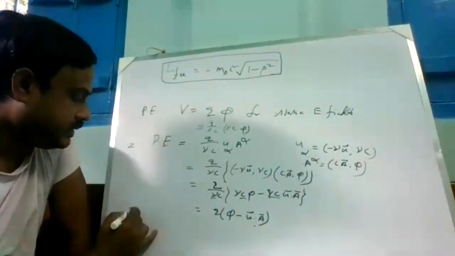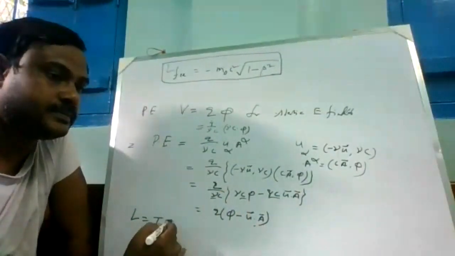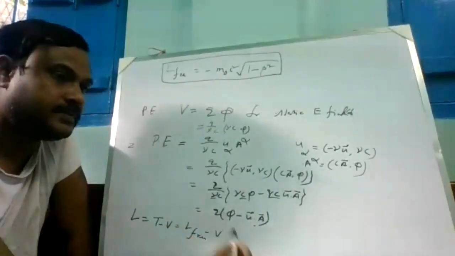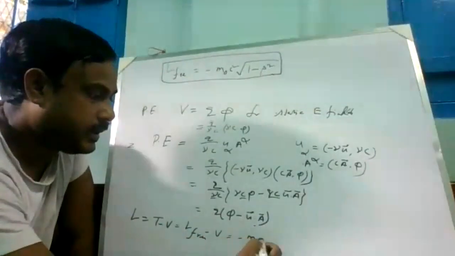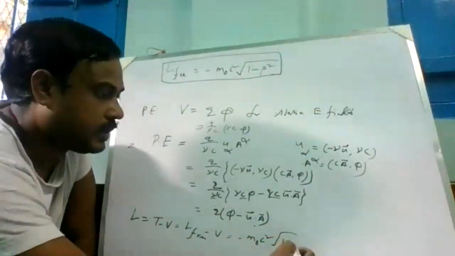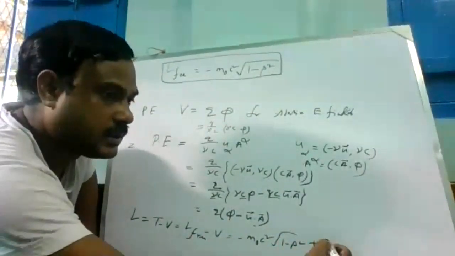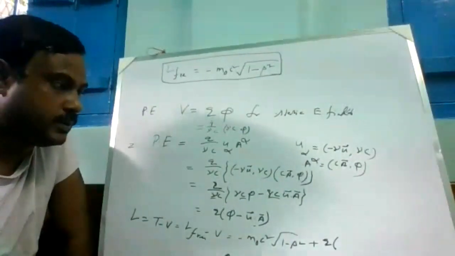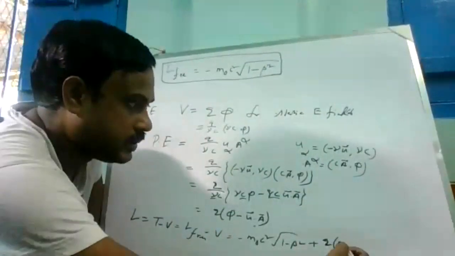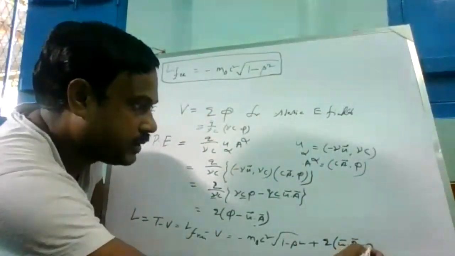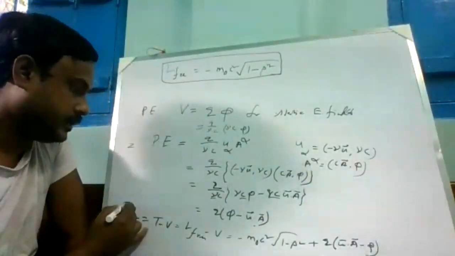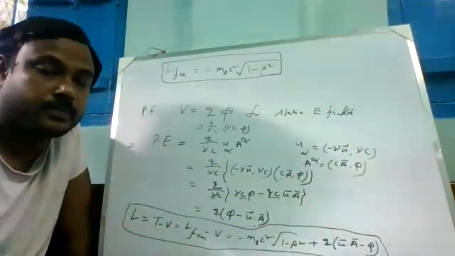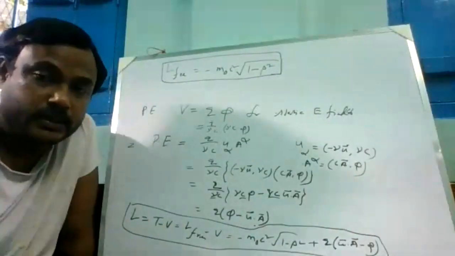So now the Lagrangian L equals T minus V. T is L free, so this comes out to be minus m0 c square root over 1 minus beta square plus Q, this minus will go out, if you write u dot A. So this is the Lagrangian for a particle in an electromagnetic field.